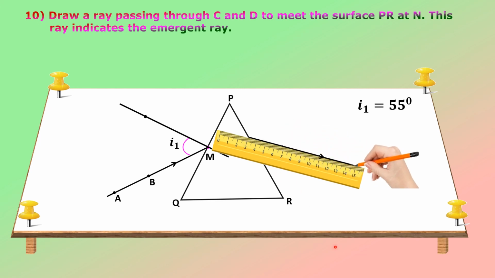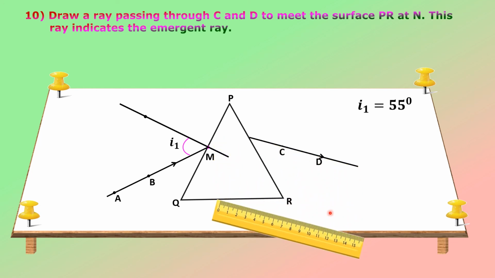This is the emergent ray, and this emergent ray meets the surface PR at N. Here is the point N.